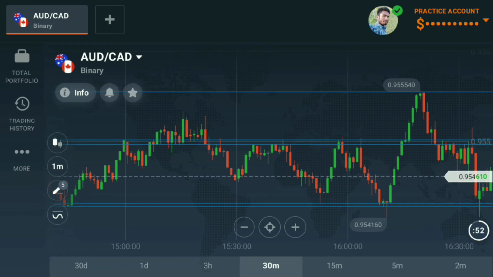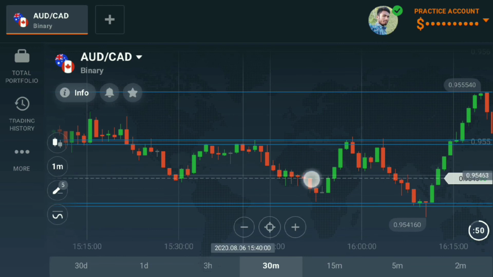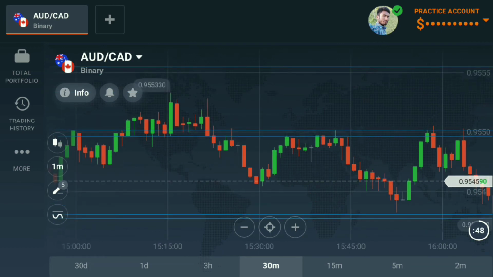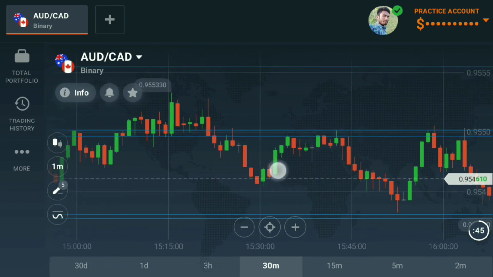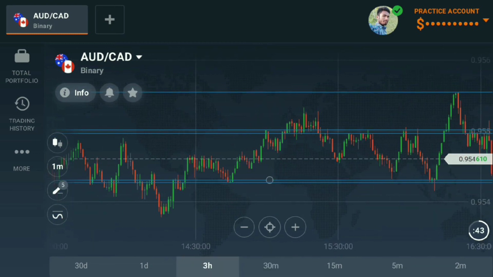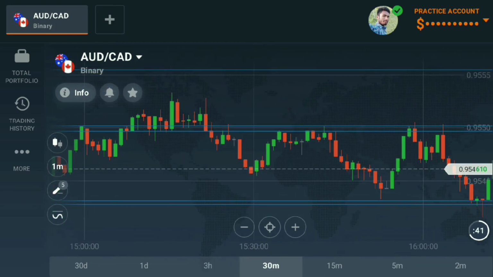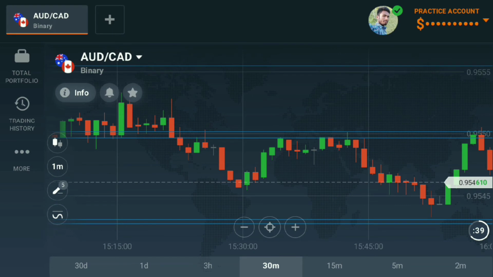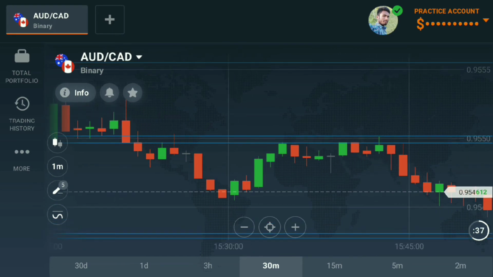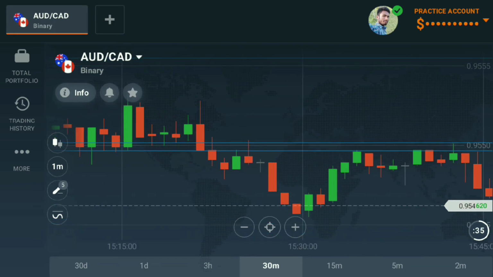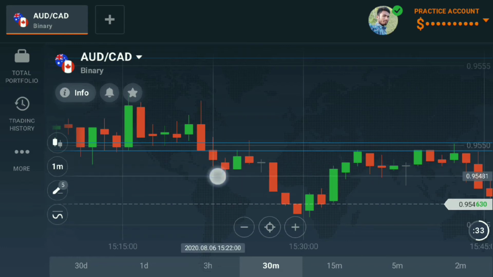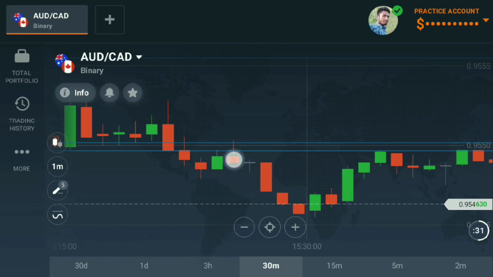Whenever the market breaks this level and comes to this level, we can trade. Here you can see the market broke here and again came to this level, so here we can trade.